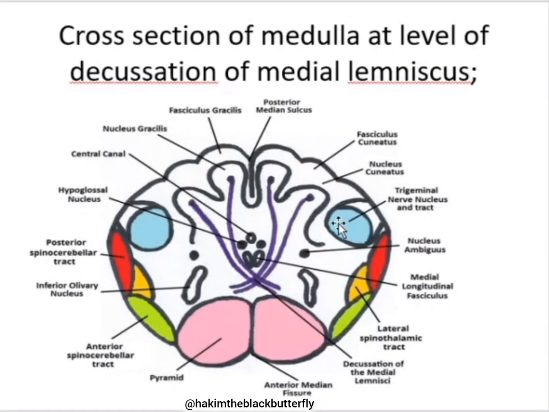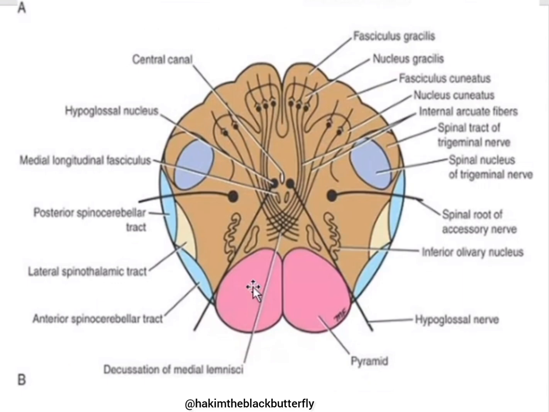Our spinal nucleus of the trigeminal nerve can still be seen. And then the nucleus cuneatus and nucleus gracilis. These are the structures visualized in the cross section of the medulla oblongata at the level of the medial lemniscus decussation. That is it.